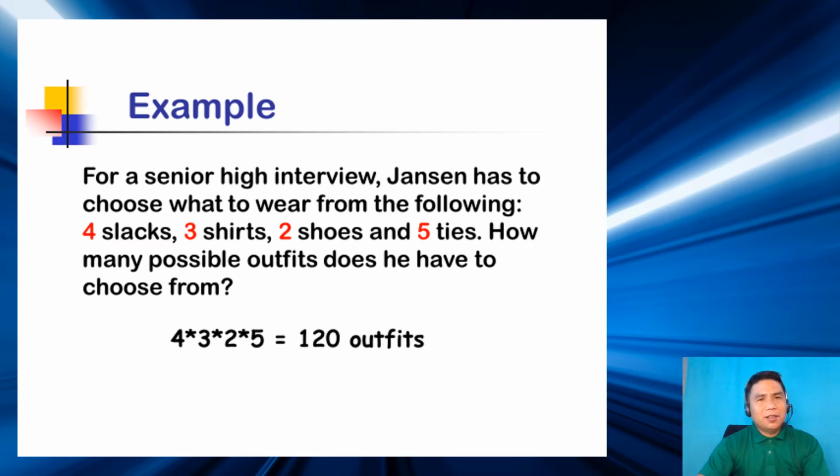Based on our counting principle, you just have to multiply all these events: the number of the slacks, the shirts, the shoes, and the ties. So you have here 4 times 3 times 2 times 5. So he could have 120 outfits or ways to choose an outfit.